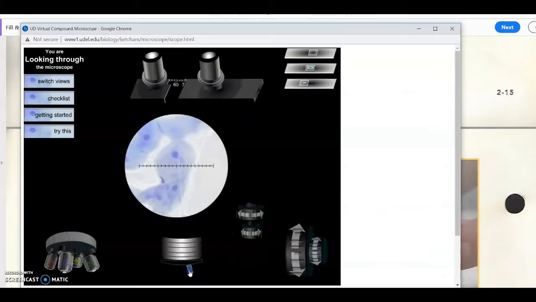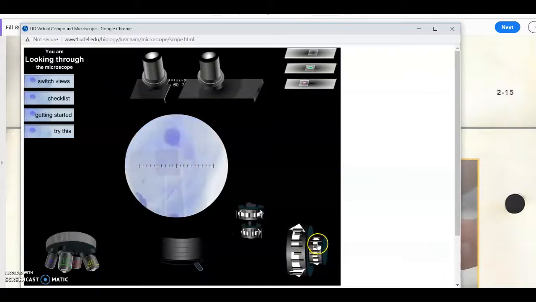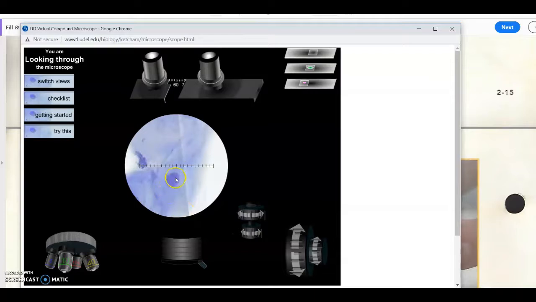So we can play with the diaphragm. You see how well we can see the details of the cell. And then we're going to try to do 100x. Yeah, so you can fairly clearly see the nucleus, the cell, close the diaphragm, you can move things around, see the nucleus, individual cells to some extent.